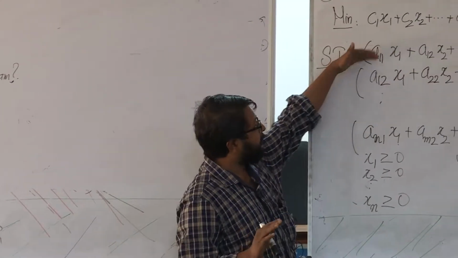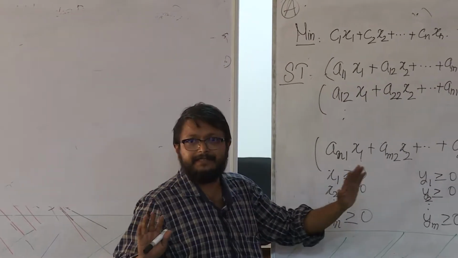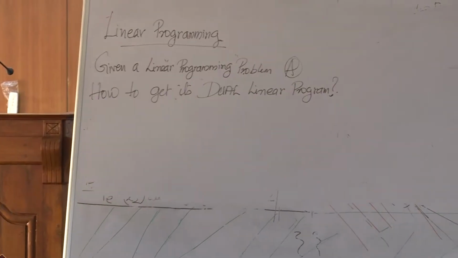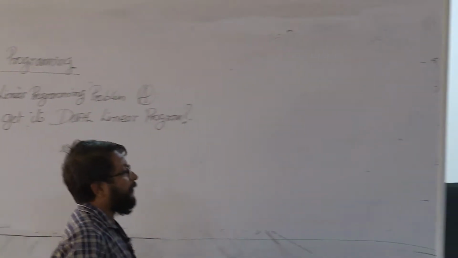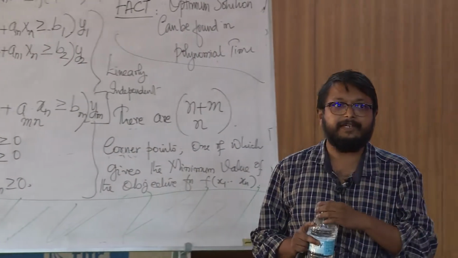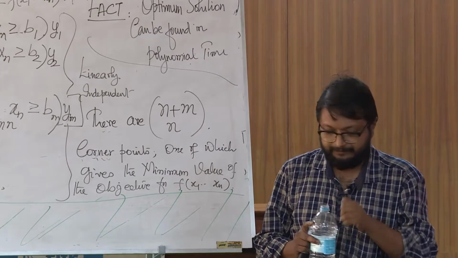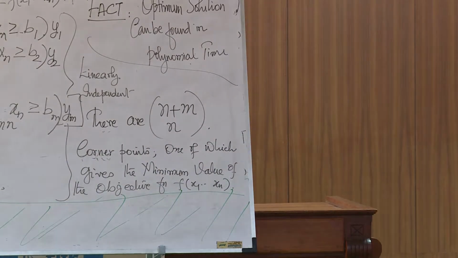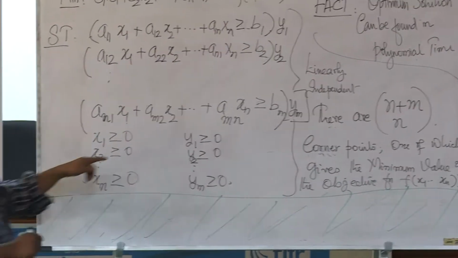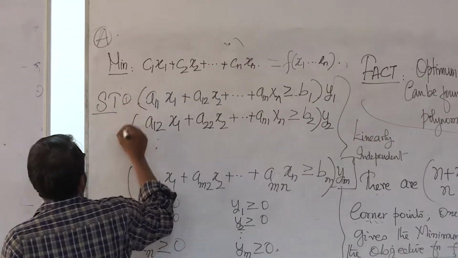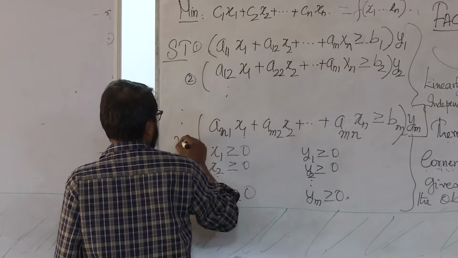I just multiply each of these constraints with this. This is very mechanical, does not require any geometry, some basic algebra, symbolic manipulation suffices. So, if I multiply each of these equations with this, on the right side what do I get? I will get b1 y1, b2 y2, etc., right. So, let's multiply with this and sum all these equations. Let us call these equation numbers 1, 2, up to m, m equations are there.